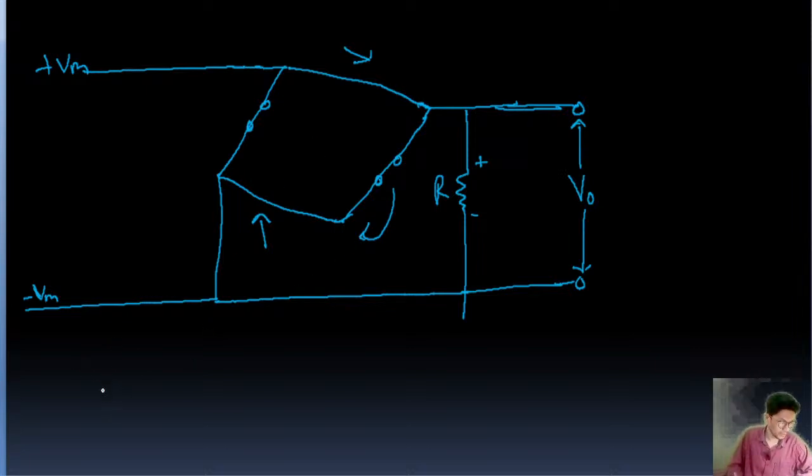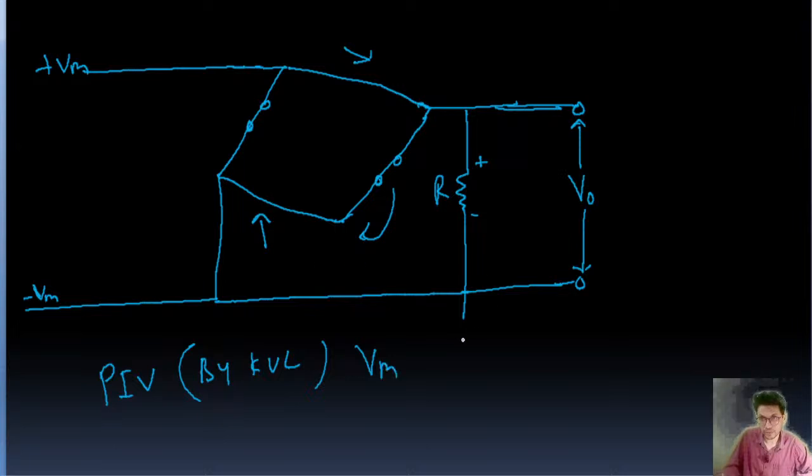So from here we can get the peak inverse voltage PIV by KVL. By KVL, this is going to be minus Vm minus V0 plus PIV plus PIV, which equals 0.